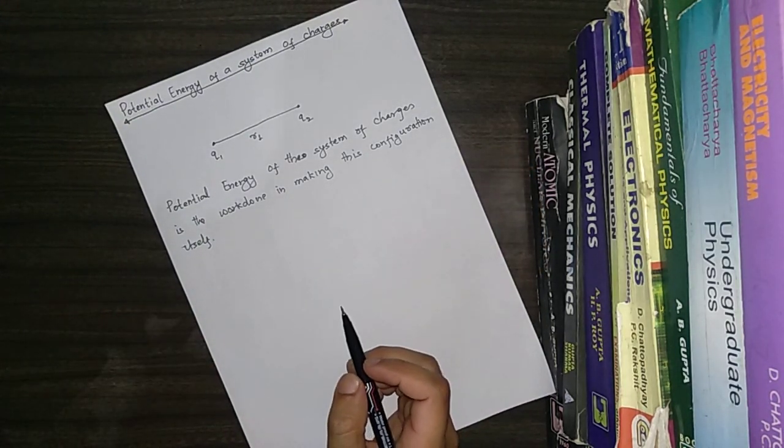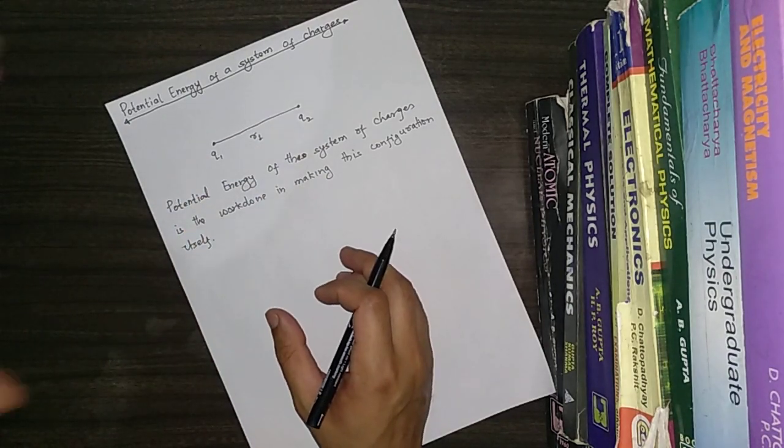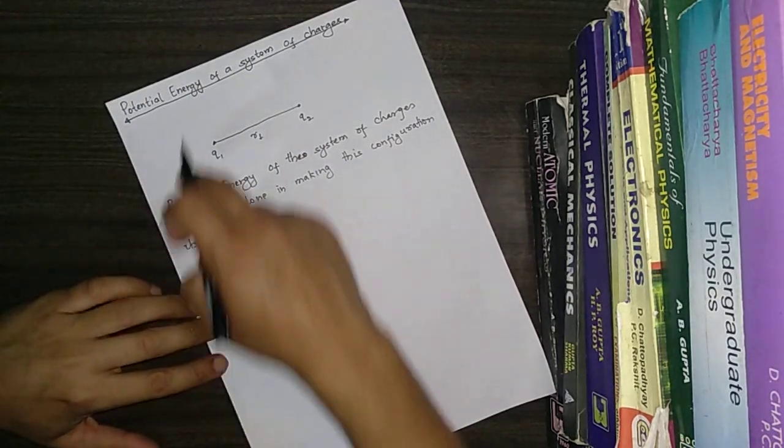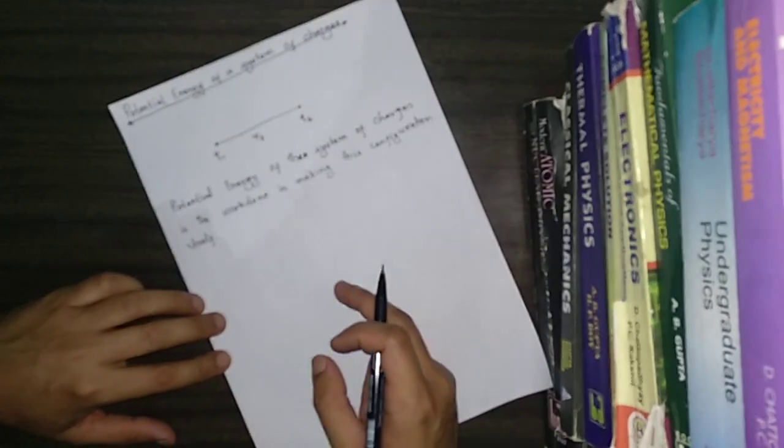Meaning, the total potential energy of this system is the work done required to make or build this system itself.